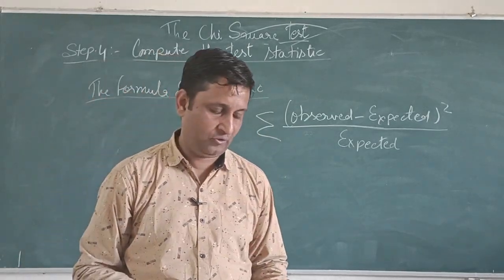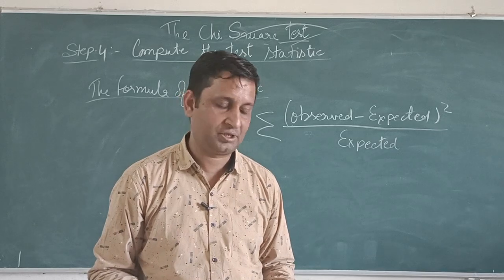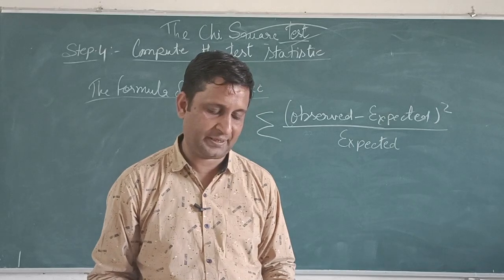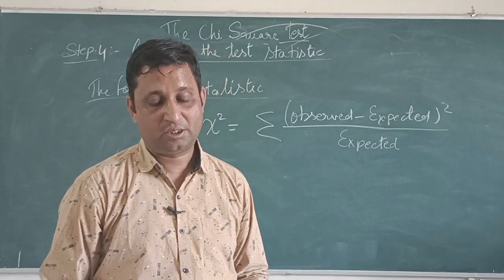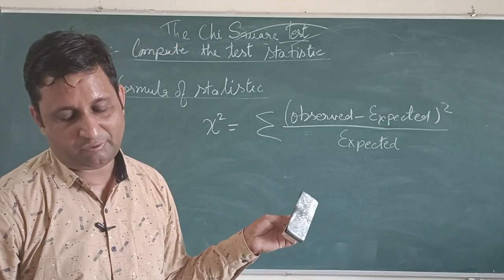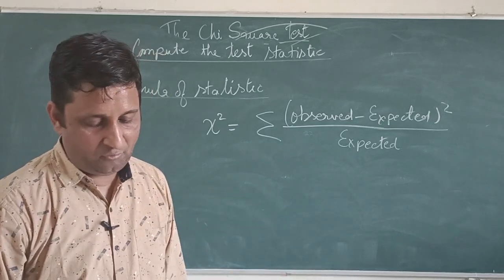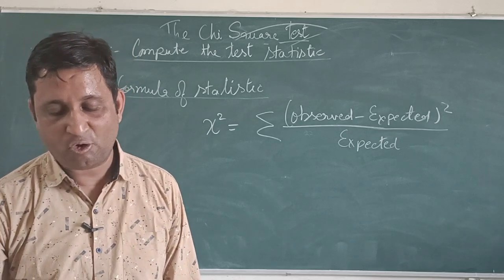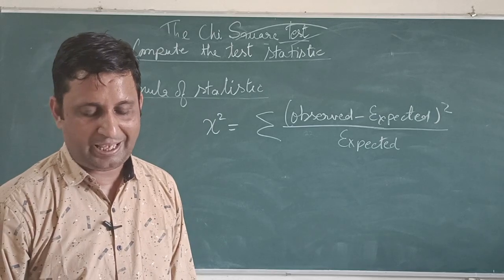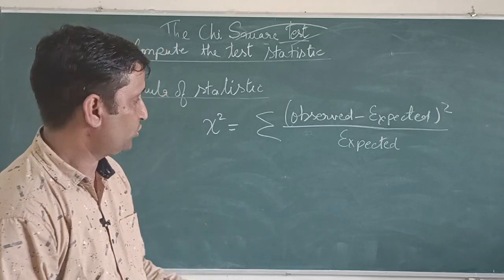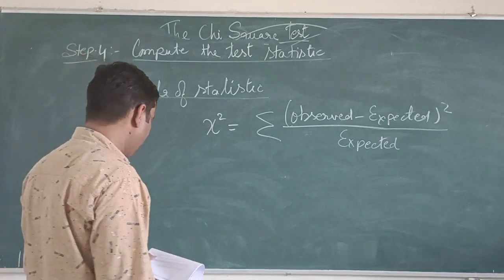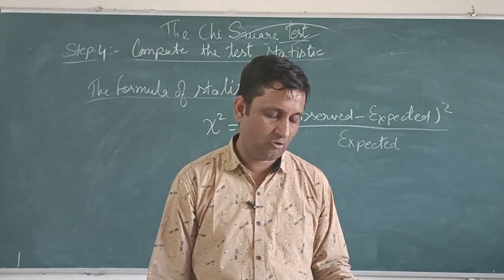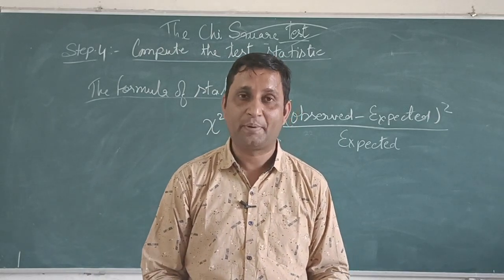From that formula, we get our result, whether the difference between the observed and expected values is statistically significant. We will use this formula for checking how far the observed counts are from expected counts, where we sum over all possible values of a categorical variable.